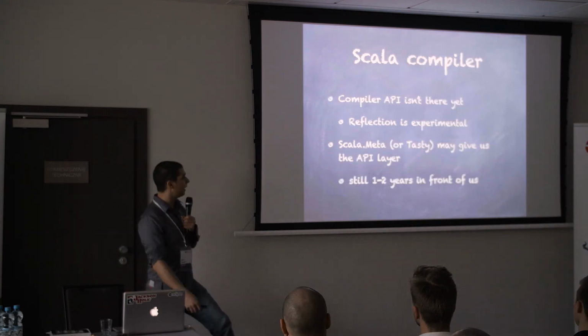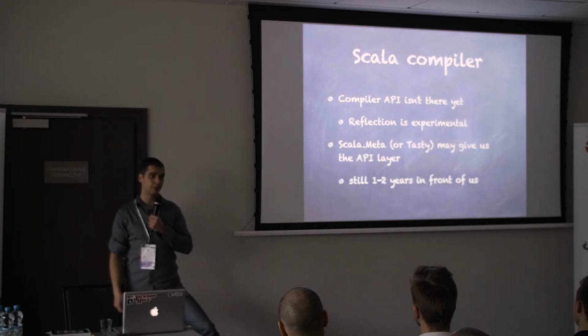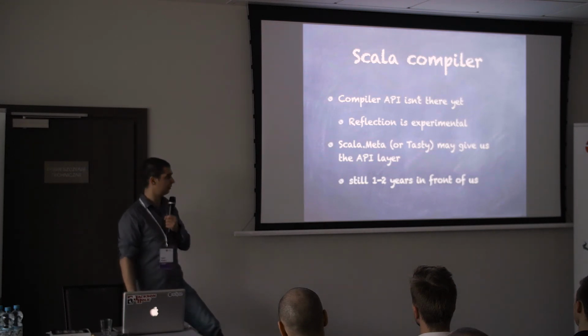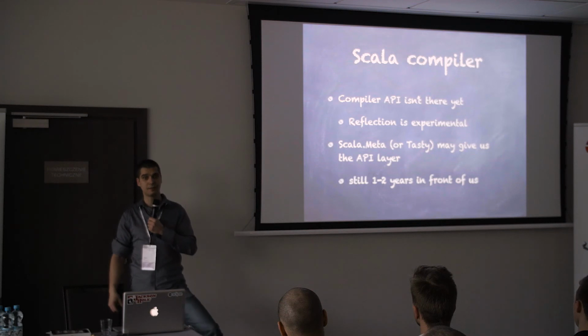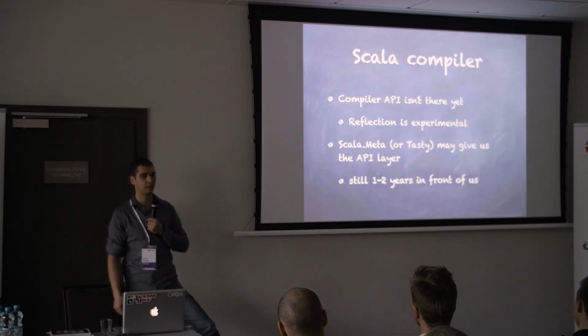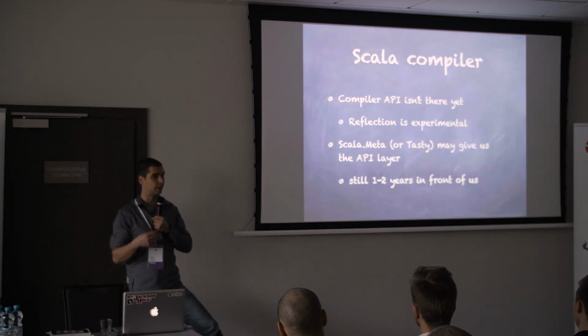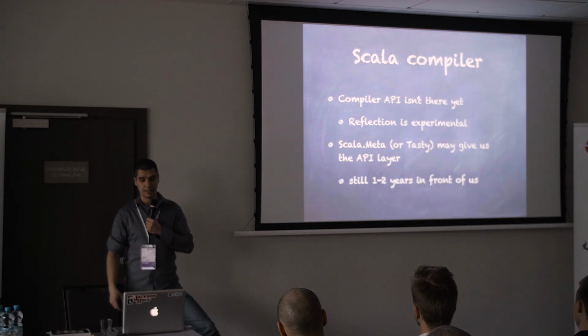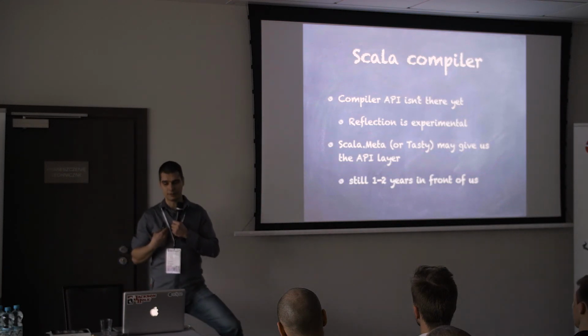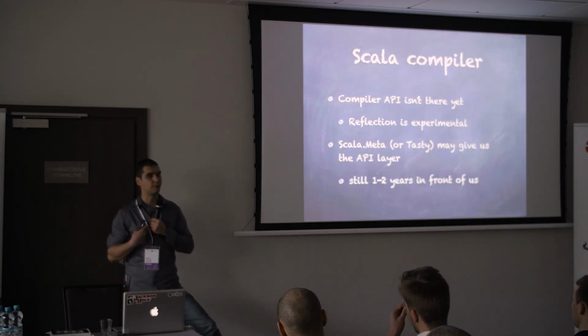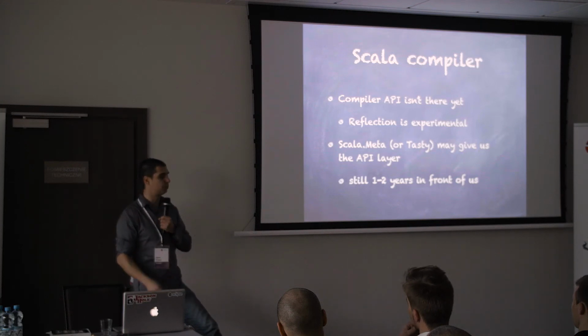So the compiler API isn't there yet. Reflection isn't anything but experimental. And Scala Meta, I think Eugene will talk a couple of hours later about it, may give us this API layer. Everybody's very excited about Scala Meta, and I'm also very excited to hear what's happening these days. But my conservative approximation is 1-2 years in front of us, and I would really like to be proven wrong.